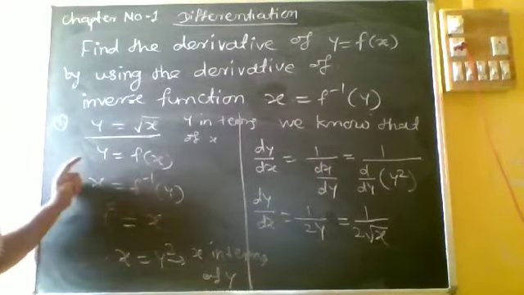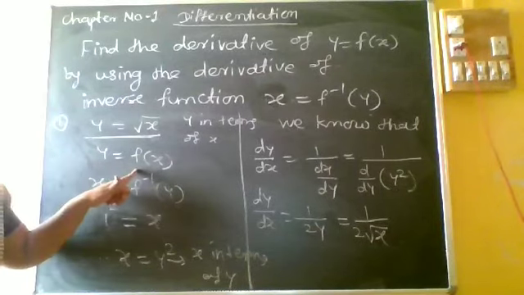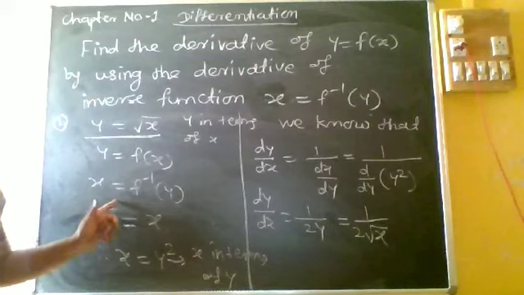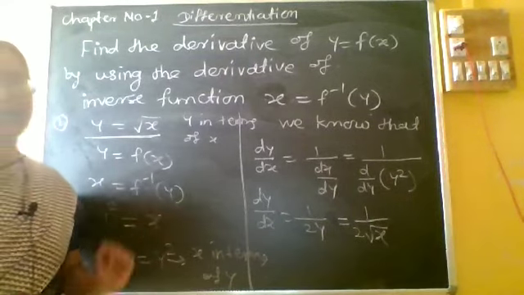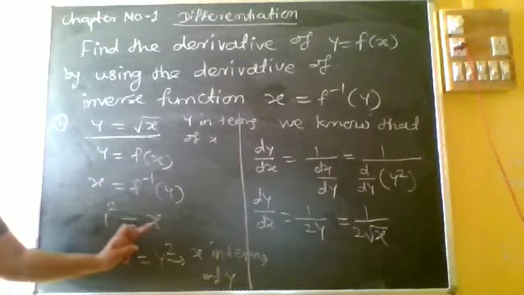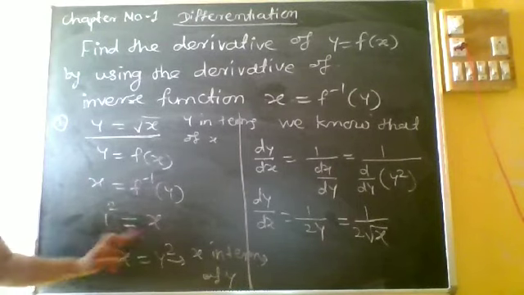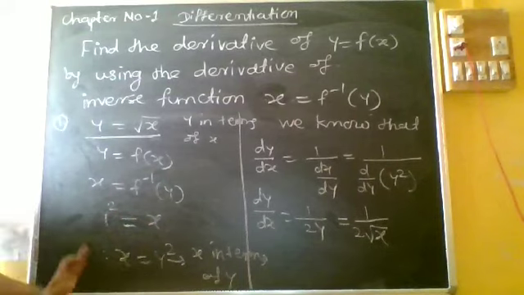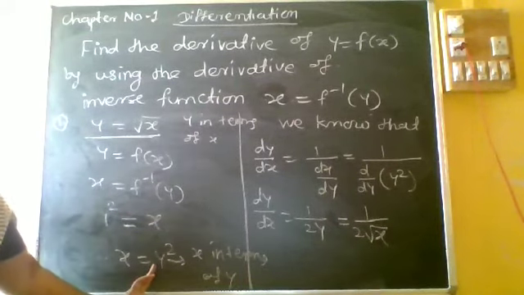First write it as y is equal to f of x, and then go to the inverse function, that is f inverse of y, and then it becomes in terms of x first, that is y square is equal to x. Take this in terms of y, that is x is equal to y square.